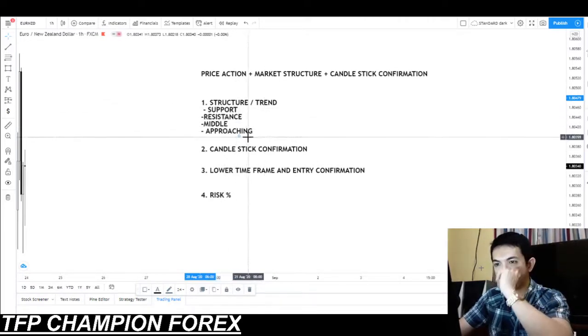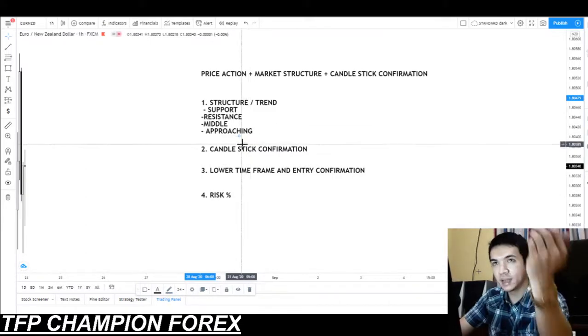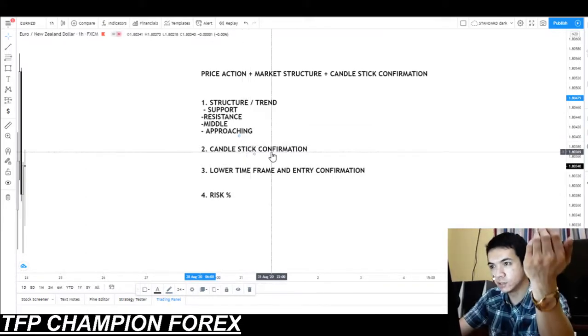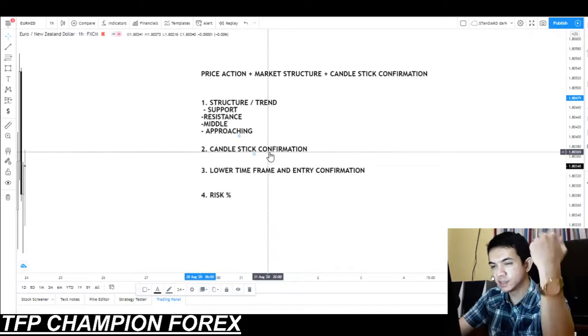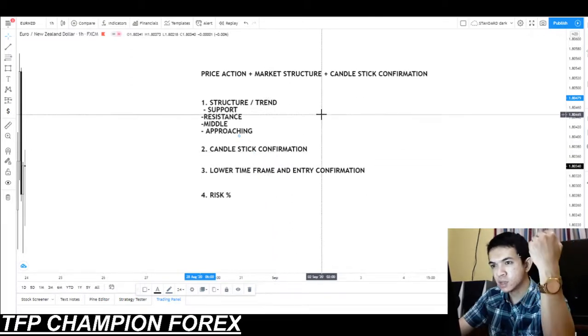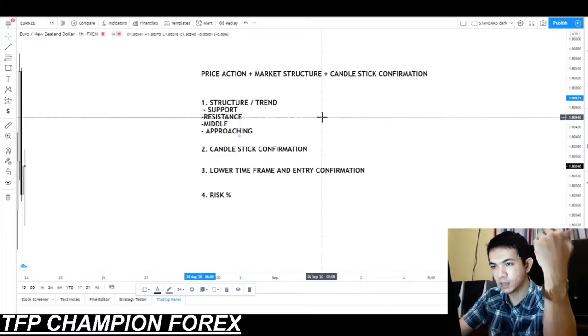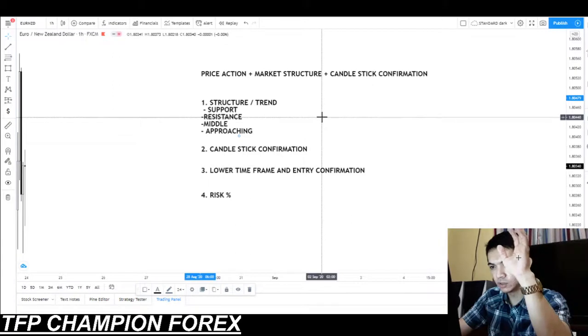And then next, do I have any candlestick confirmation like any rejections, selling or buying pressure? The basic candlestick patterns like pin bar, engulfing candles, those kind of stuff. And am I ready now to go to a lower time frame for my entry as confirmation? And how much will be my risk whenever I will take a certain trade?